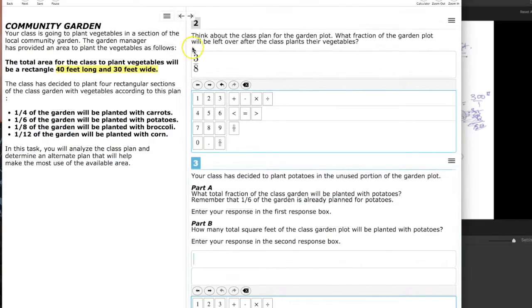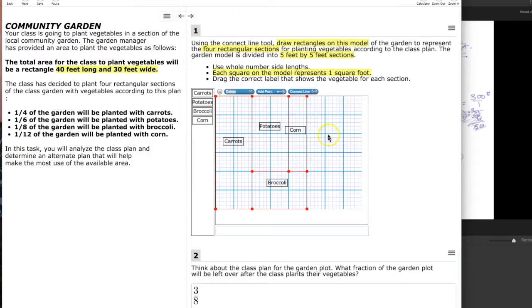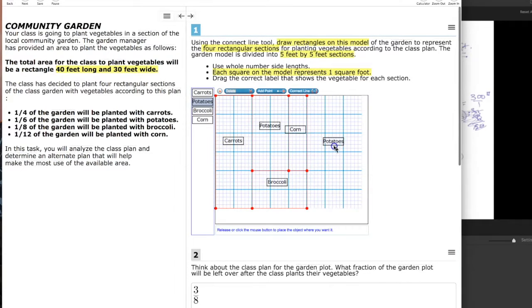Let's go back to our model and we're going to say, okay, all of these are also going to be potatoes. So notice that you can put the words twice in an area. So we've got 18 of these squares plus 19, 20, 21, 22, 23, 24, 25, 26. We've got 26 out of the 48 being potatoes.